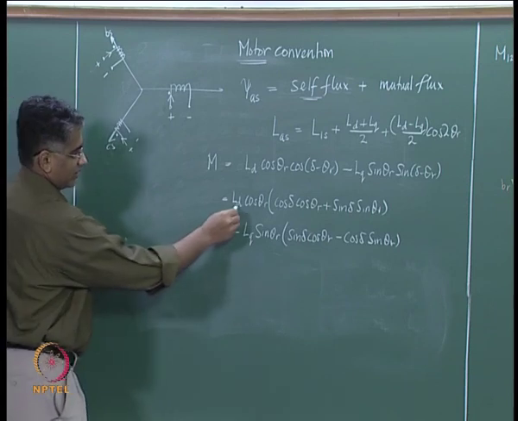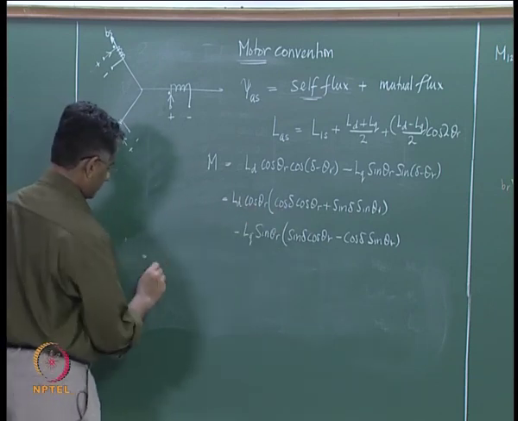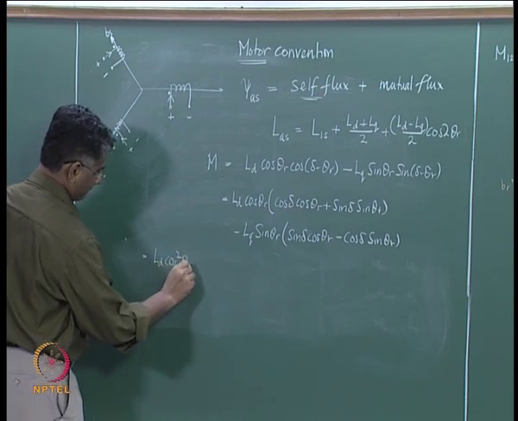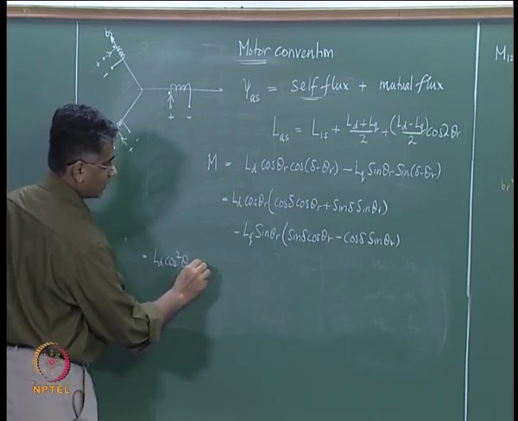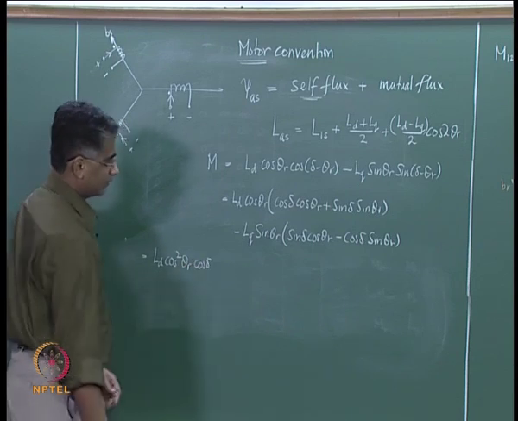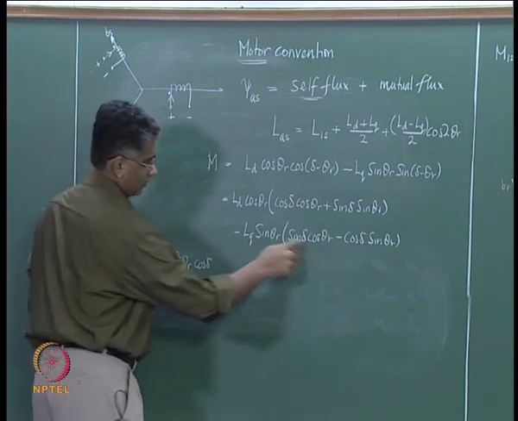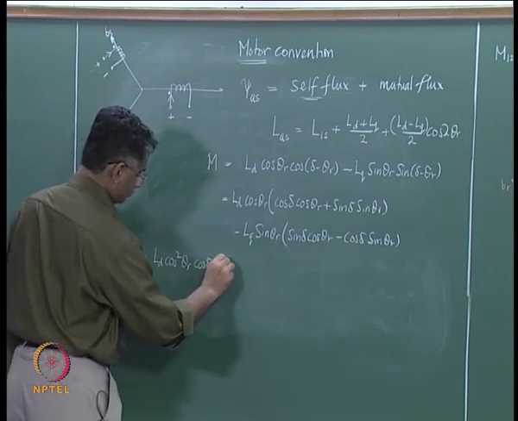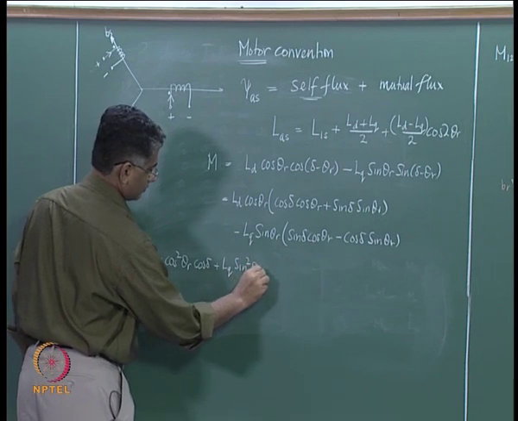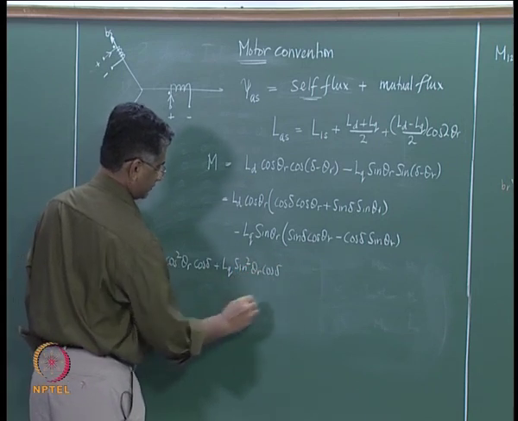So, this gives us LD cos square theta r cos delta. Here you get LQ sin square theta r cos delta.